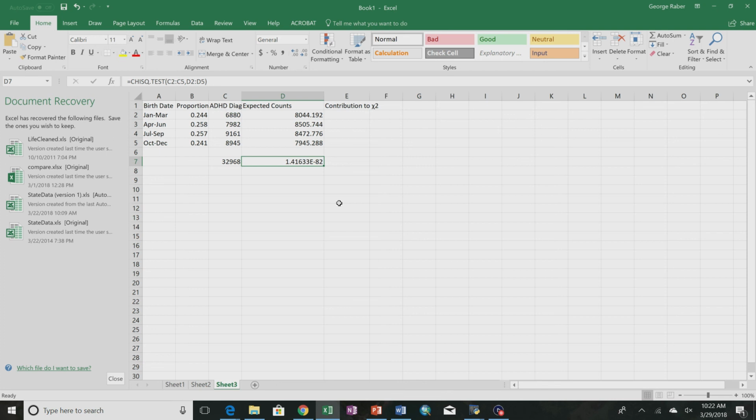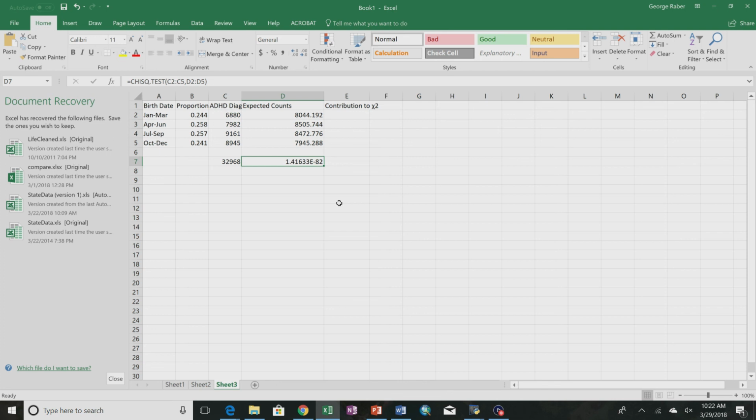So what does that say? Do these expected counts match the ADHD diagnosis counts? No, they don't. We reject that they match the distribution. And this is very, very small.